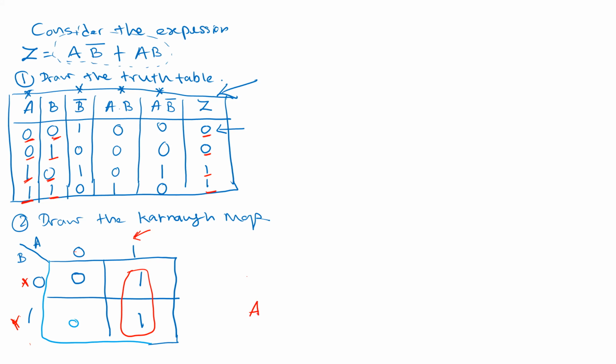So for this one, the simplified expression is A. That means instead of AB bar plus AB, we can write A. So the expression we derive from the Karnaugh Map, AB bar plus AB, equals A.